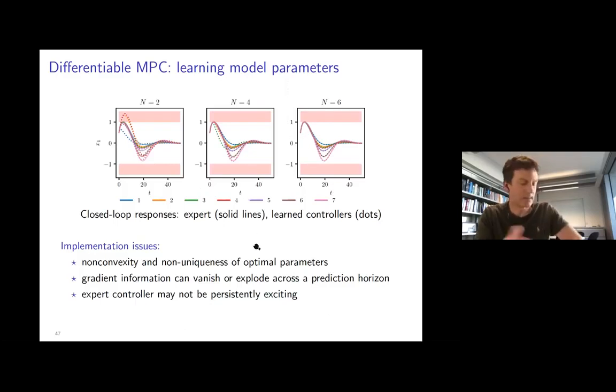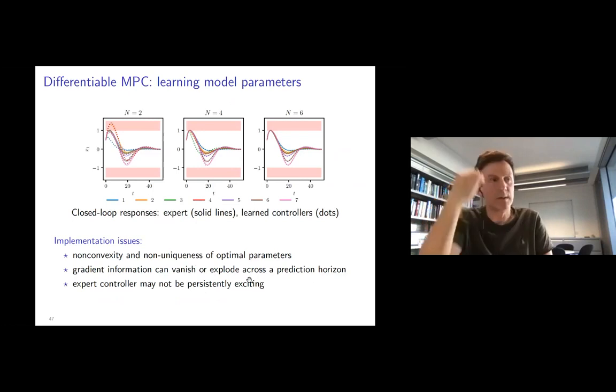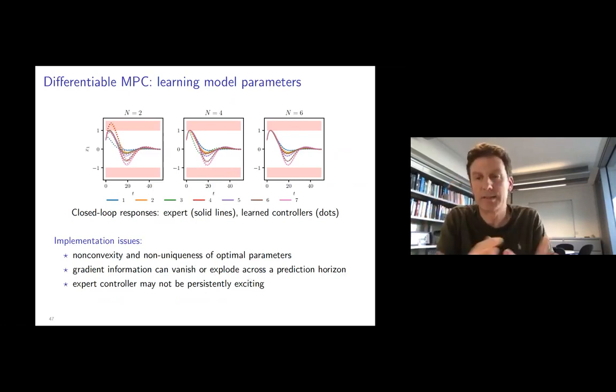So there are various difficulties with this type of approach. So first of all, it's inherently non-convex, so the minimization of the loss function results in non-unique optimal parameters. Another problem is that you have to be very careful about how you apply the predictive controller in this type of approach, because the gradient information, the sensitivity of the controller to the parameters, can be lost if you have a long prediction horizon.